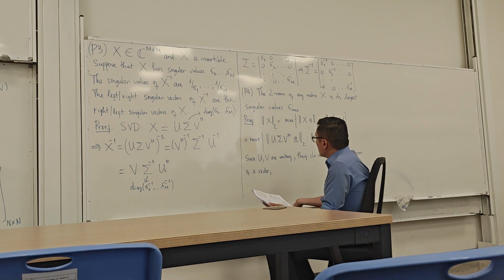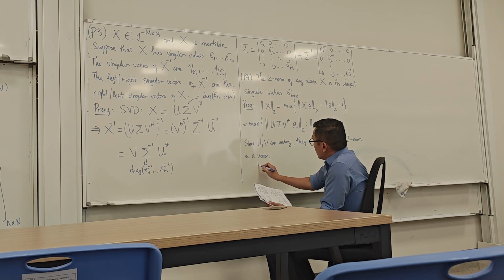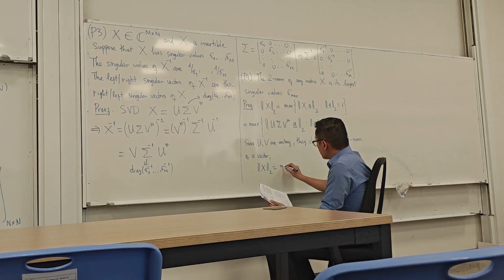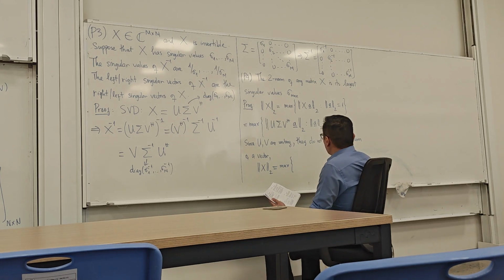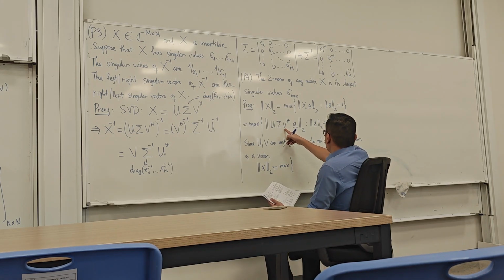Therefore the two norm of X becomes the max of this norm.